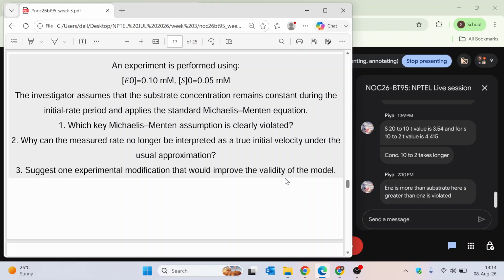Either way, you have to bring your substrate to be in excess of your enzyme, add more substrate or remove enzyme, such that S naught is much greater than E naught. So this is the very basic concept of the Michaelis-Menten equation. You have to know the assumptions, and only then can you identify in which conditions you can use those equations.